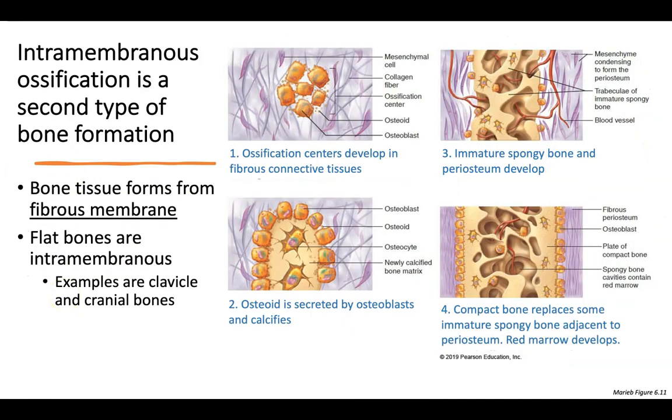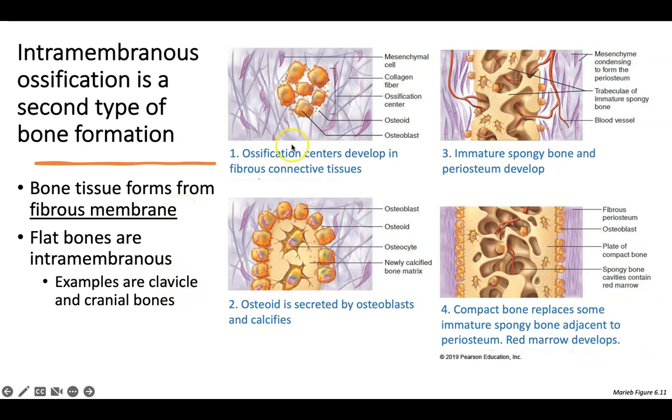A second type of bone formation is called intramembranous ossification. And this is a type of bone formation that is found in flat bones. So one big difference between intramembranous and endochondral ossification is that while endochondral is bone formation from hyaline cartilage, intramembranous ossification is bone tissue formation from fibrous membrane.